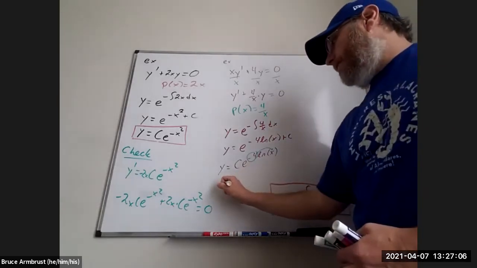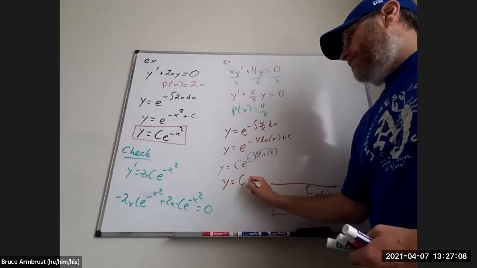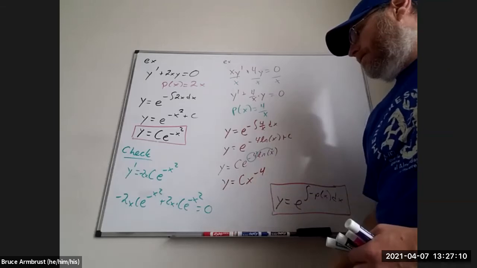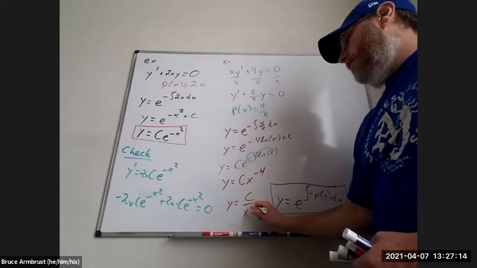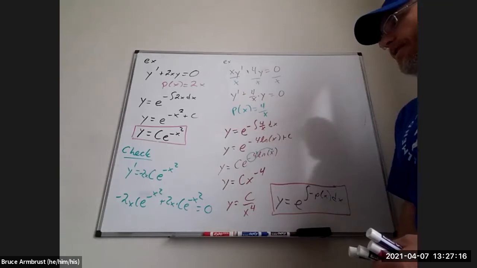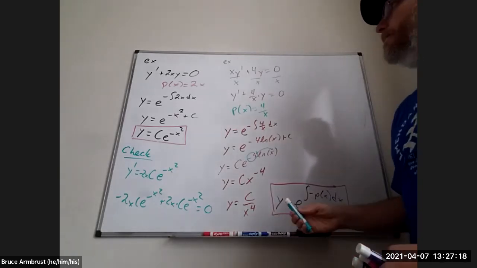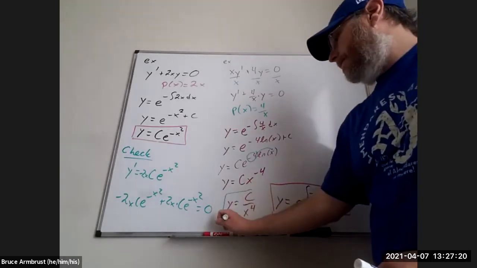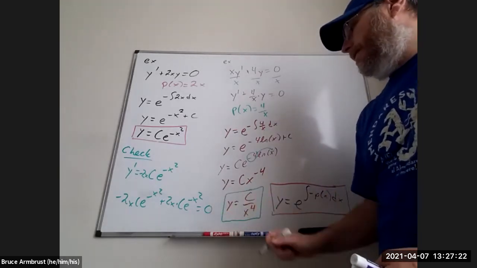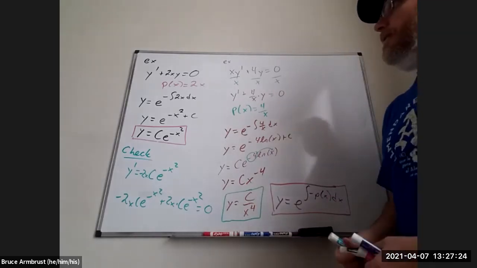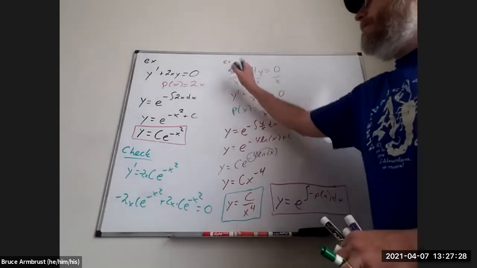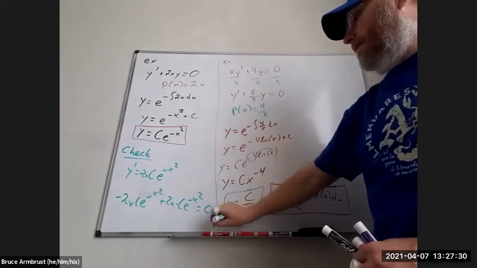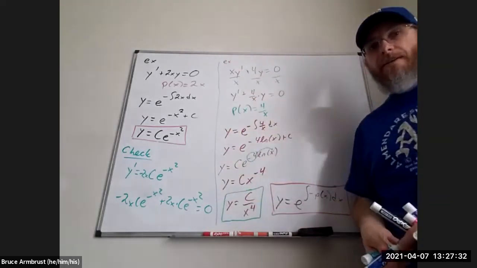And what I'm left with is y equals c times x to the minus 4, or y equals c over x to the 4. So there's the solution to this differential equation. It's c over x to the 4.